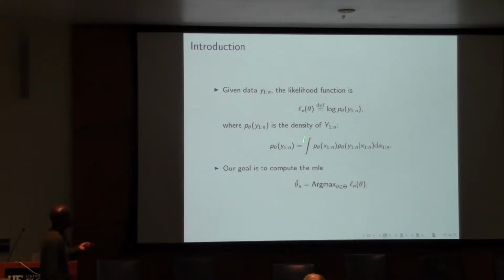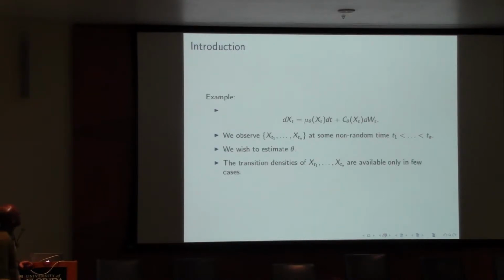To write it down a little more formally, this would be my likelihood function, obtained by integrating out the unobserved signal. What I want is to approximate the maximum likelihood estimate of the parameter.